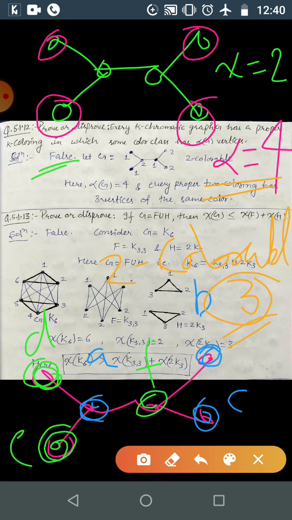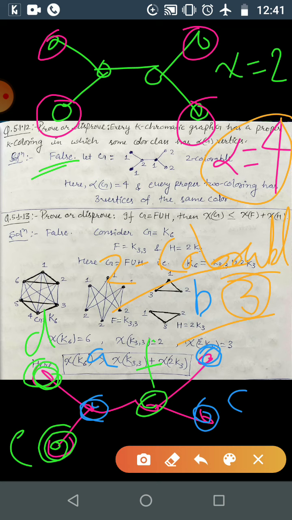If we use the same color on these 4 vertices, then we can't use the same color on the others, because the chromatic number is 2 and we need to use a 2-coloring. A 3-coloring can exist, but the statement is about a proper k-coloring for k-chromatic, so we discuss only 2-coloring. Then each color class has 3 vertices, so no color class has alpha number of vertices. This is one of the examples.